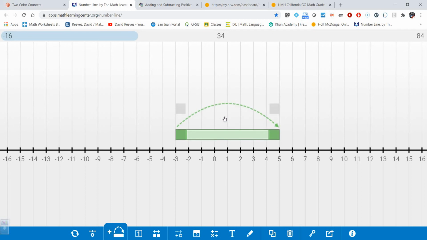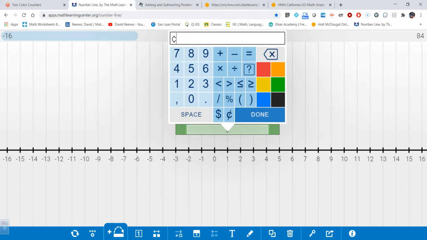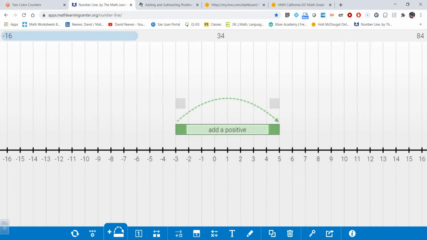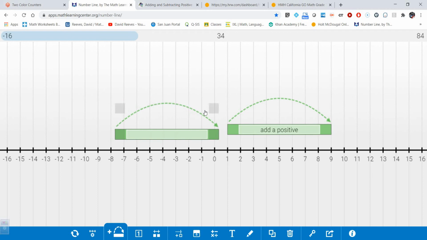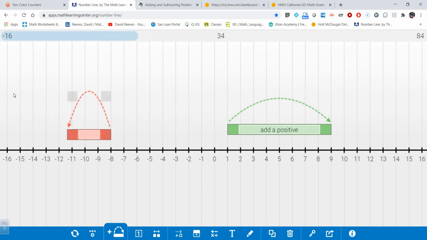All right, so if I'm going to add a positive integer, then that is going to take me to the right. And if I'm going to add a negative integer, let me move this one over here. I'm going to take this and flip it around that way.